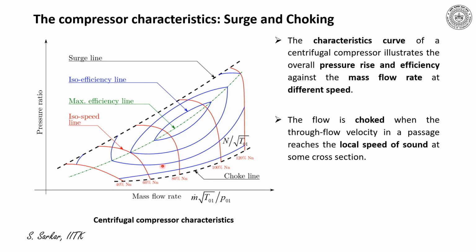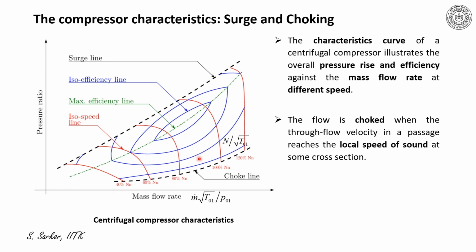As speed changes, the pressure ratio will change with change of mass flow rate.